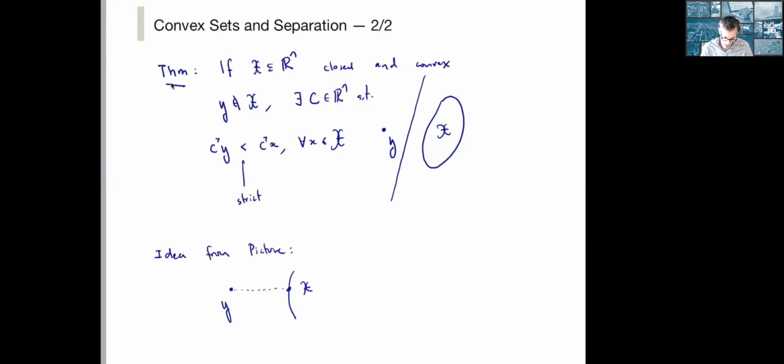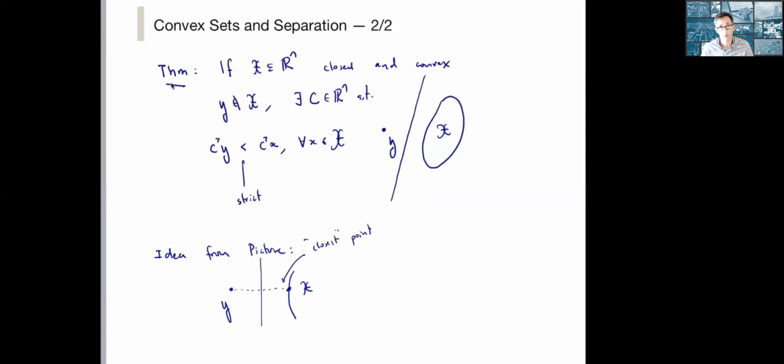You can see that this closest point defines a hyperplane which seems to do exactly what is promised in the theorem. So this picture really is the idea that we're after. We're just going to make everything precise in this lecture. And the first thing that we need is the fact that there is this closest point.